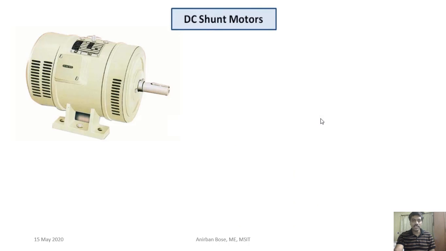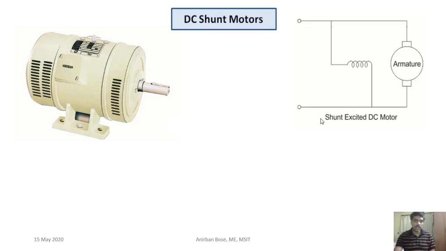Now come to the DC shunt motors. In the last category we have seen the permanent magnet DC motor where the stator was a permanent magnet. In the DC shunt motor the stator is not a permanent magnet, but the field current is provided to produce the electromagnet in the stator. Both the armature and the field current come from a common DC source.